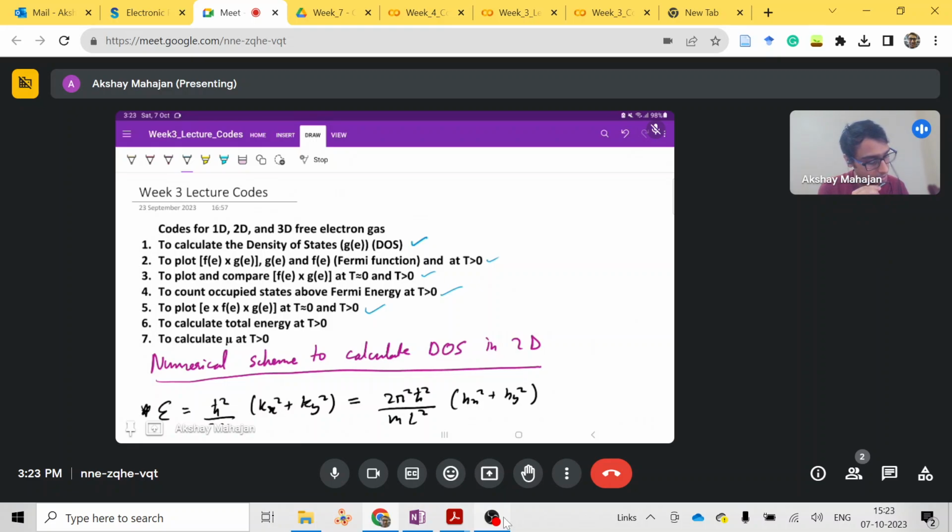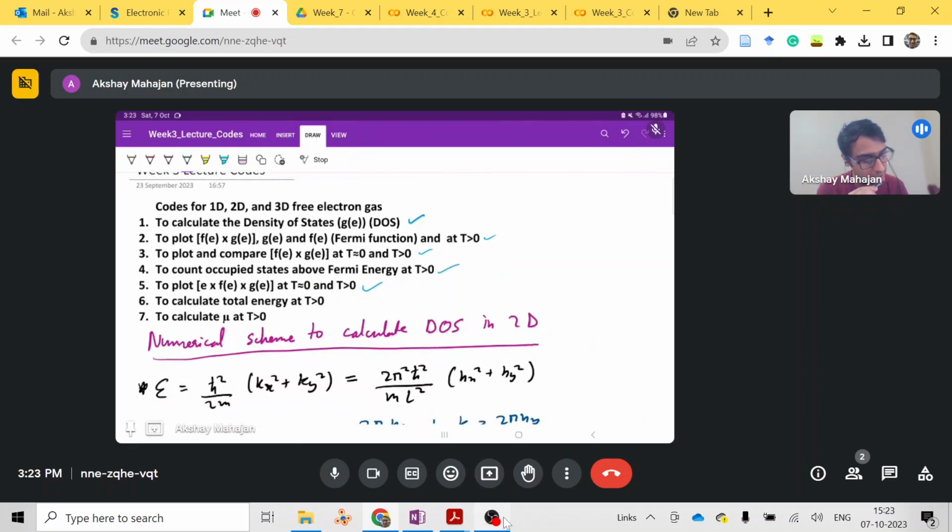Okay, so now the next part is to calculate the total energy at t greater than 0. So now we will do this coding part, and then we will go to the seventh code. Now we have to calculate the total energy.